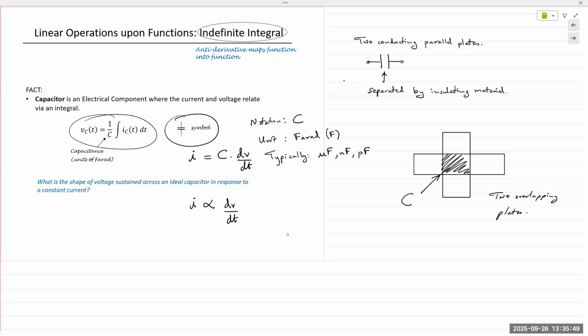Inductors and capacitors are very similar, but they're also duals of each other. They are exactly the same in many ways and exactly the opposite in many ways. When we do AC analysis, you will see how the voltage and current for inductors and capacitors relate to each other.